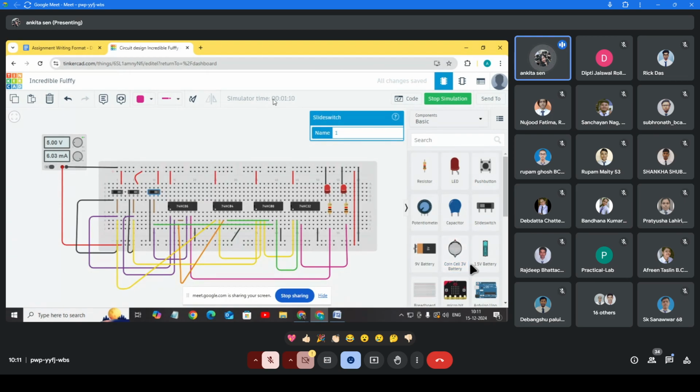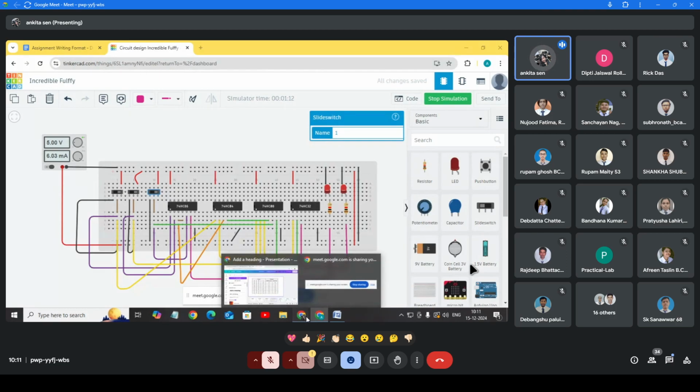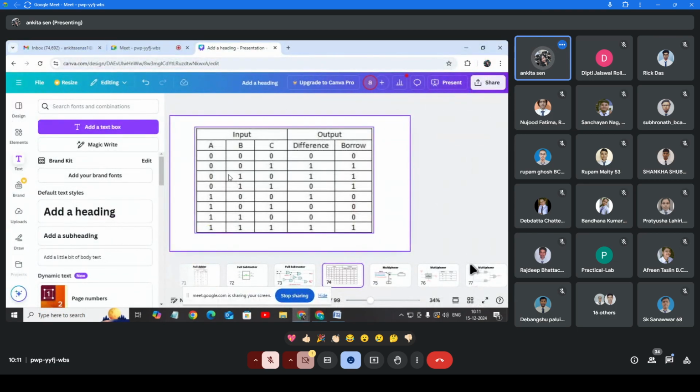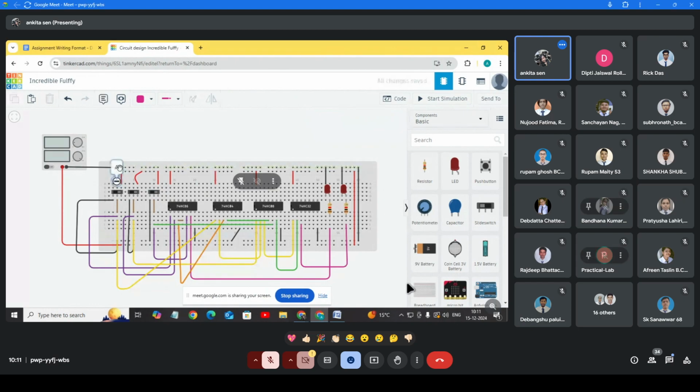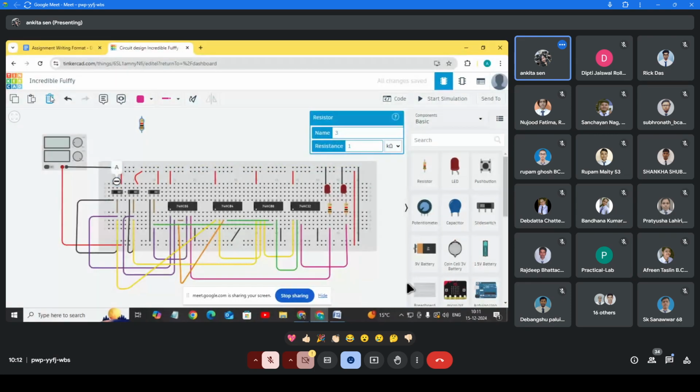So what will you do in case of the explanation writing time? What you have to write down? Whatever I have just told you. So just a second. Okay.